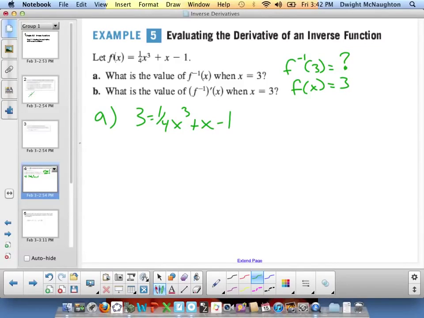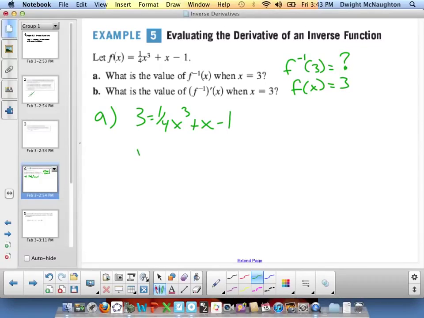Plug in 1, you can see we got 1/4 plus 1 minus 1. That's going to be 1/4. That doesn't work. Plug in 0, we get -1. Right? We're getting further away from 3. Since it's monotonic, it has an inverse, we can get closer to 3. Let's try 2. 2 cubed is 8. 1/4 of 8 is 2. 2 plus 2 is 4 minus 1.